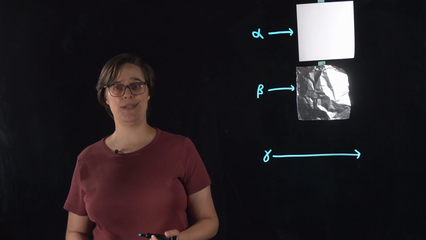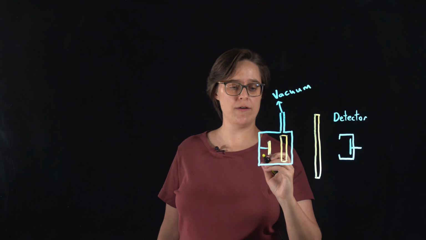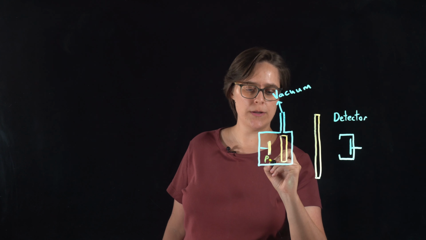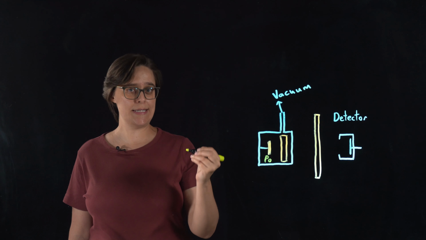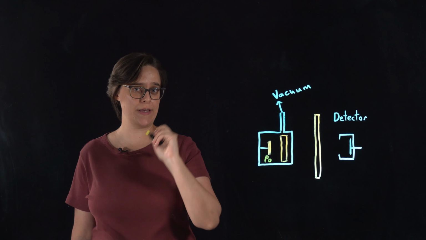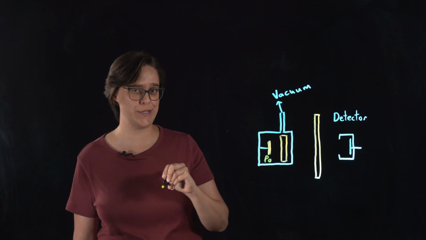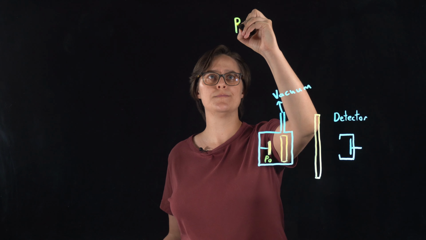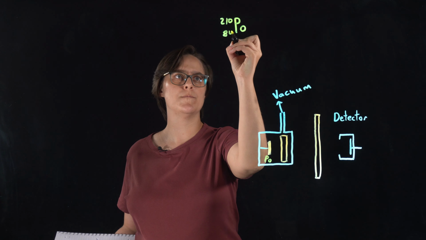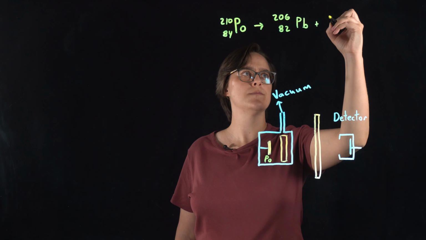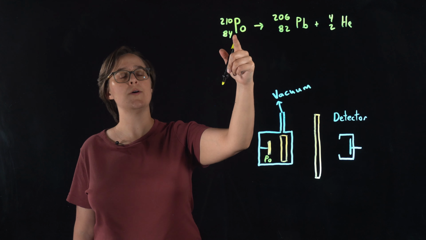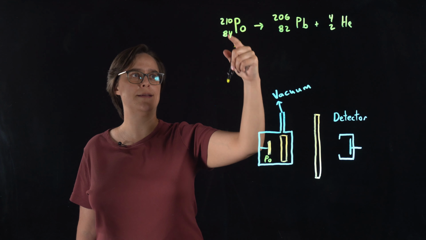So here's what he did. He had a sample of polonium. Polonium is a radioactive element that decomposes and gives off alpha particles through this equation. So polonium-210.